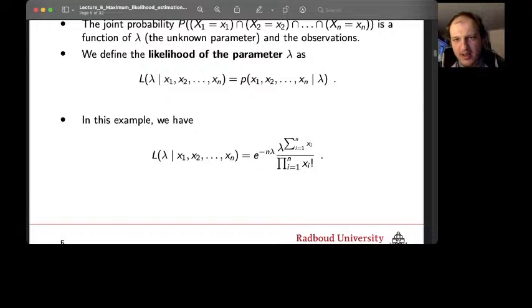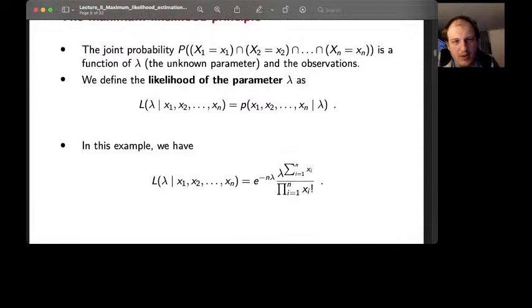Because they are independent, you can use the joint probability, and x1, x2, x3, and so forth are independent. So this will be equal to the probability of x1 given lambda times the probability of x2 given lambda, and so on. So this will basically be the product of the equation for the Poisson distribution here.